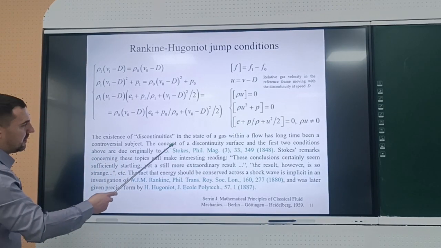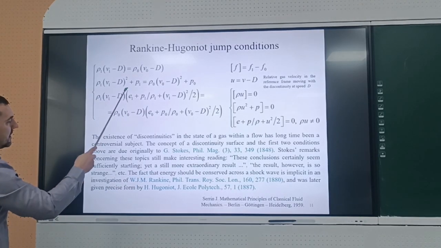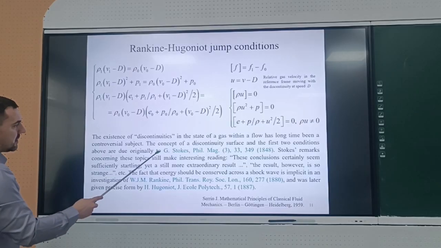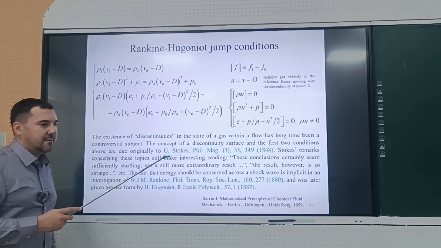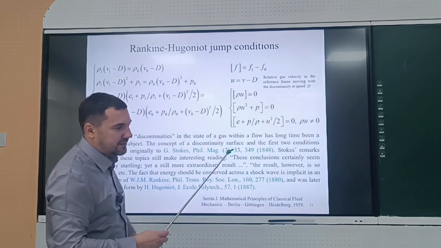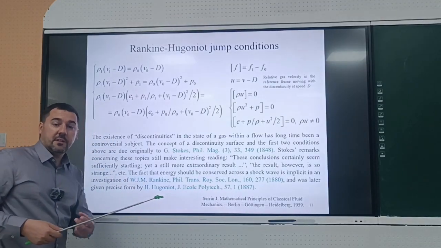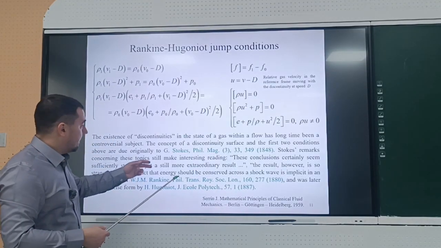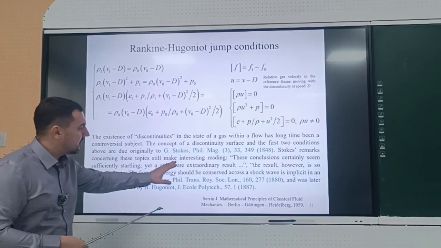The concept of a discontinuity surface and the first two conditions above, I mean this one and this one, are due originally to Stokes. This is the same Stokes who discovered the law for a body moving in viscous fluid, the Stokes law, and Stokes' remarks concerning these topics still make interesting reading.